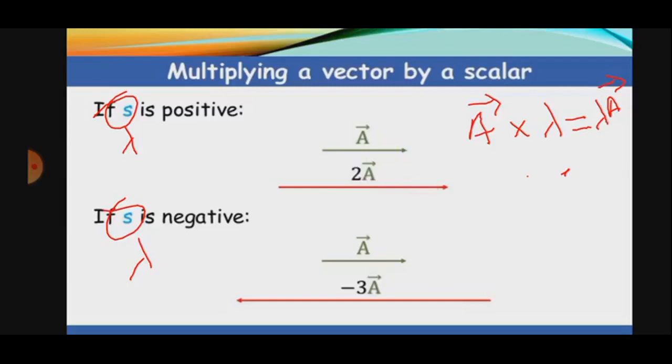And second, if lambda is negative, lambda a vector is in the opposite direction of a vector.